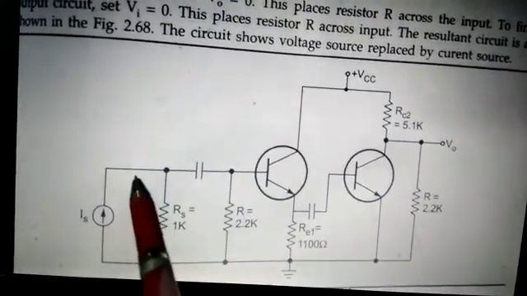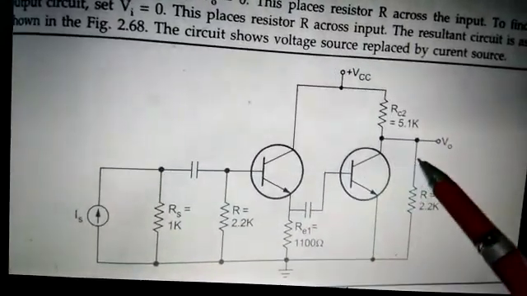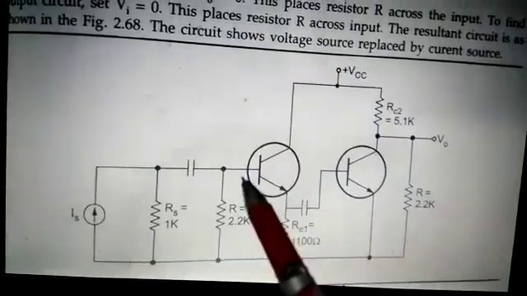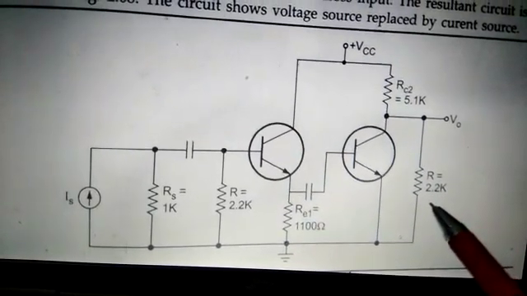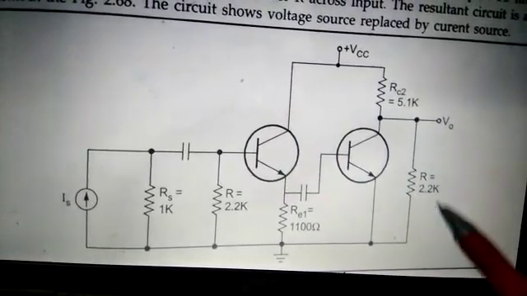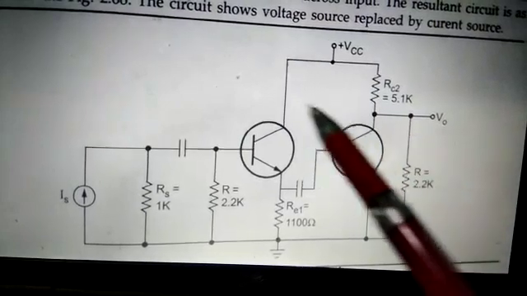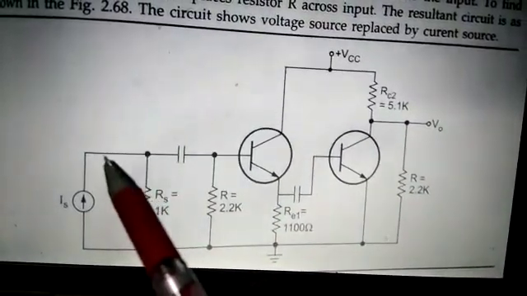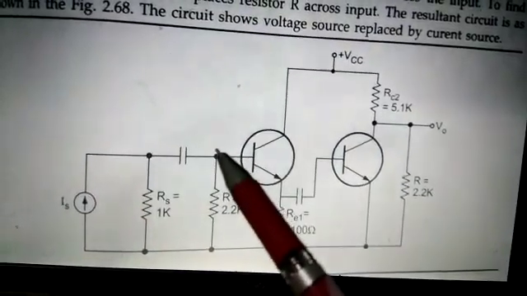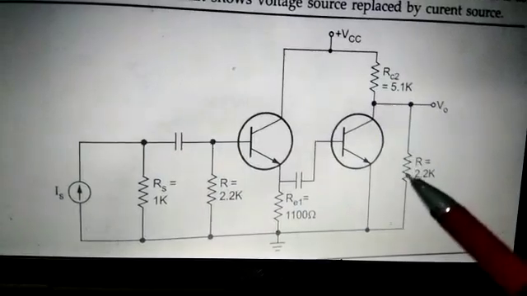So in the original circuit, make the input open, and you will get the feedback resistance of 2.2 kilo ohm, that is R, connected to ground, which was earlier connected from the collector to the base of the transistor. Now if we keep the input open, this will be grounded, so this resistance appears at the output side.